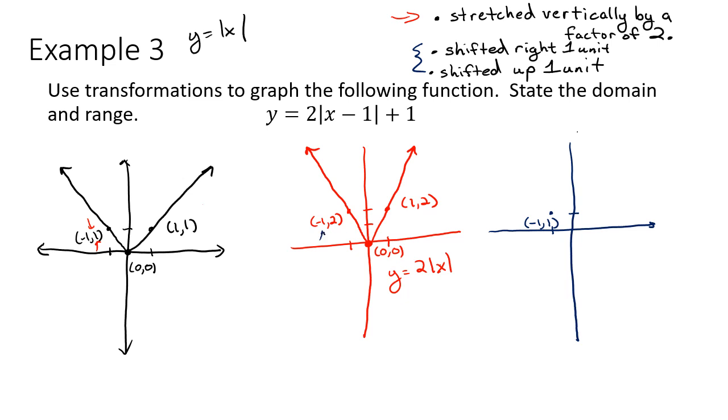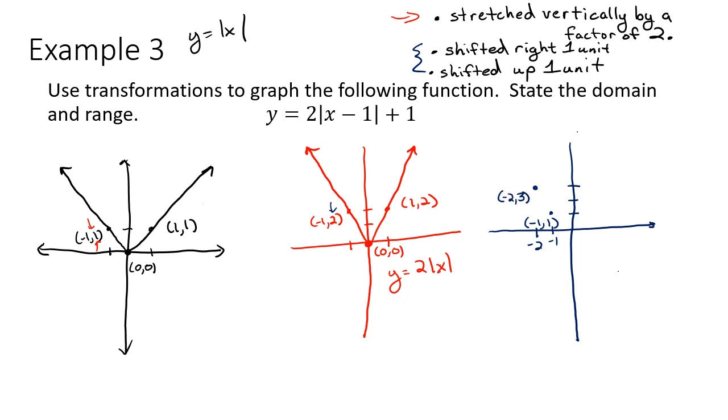For the point -1, 2, if we move that 1 to the left, that's going to put us at an x of -2. And if we move it 1 up, instead of being at a y value of 2, it'll be at a y value of 3.